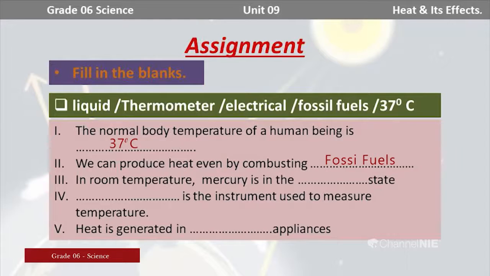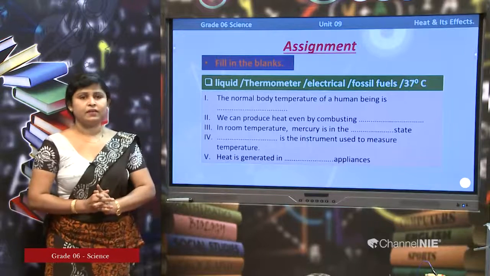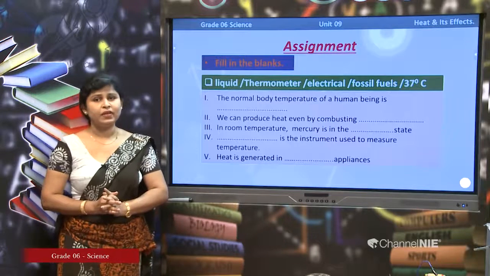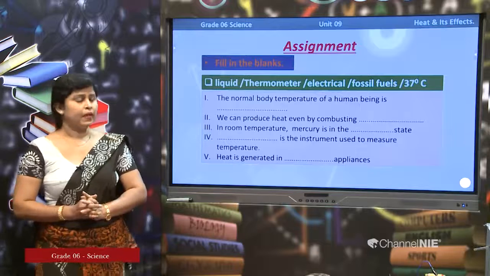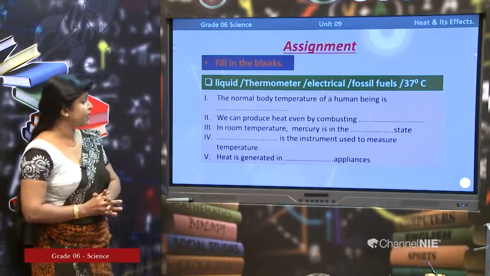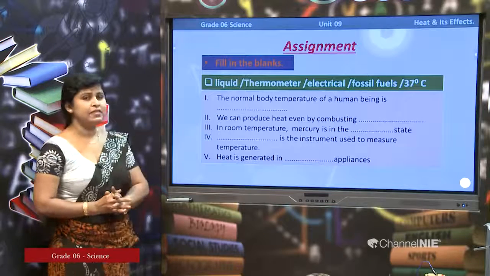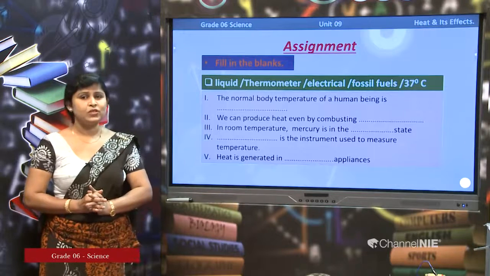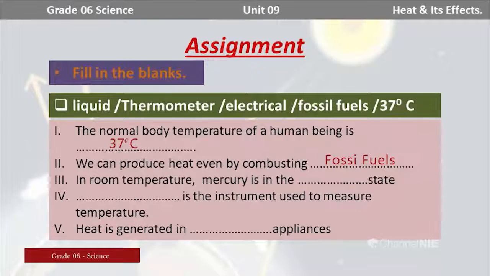In room temperature, mercury is in which state? I need to write the state, whether it is a solid, liquid or a gas. You know the state. In room temperature, mercury is in the liquid state, right? Is your answer correct? Yes. You can mark right or wrong.